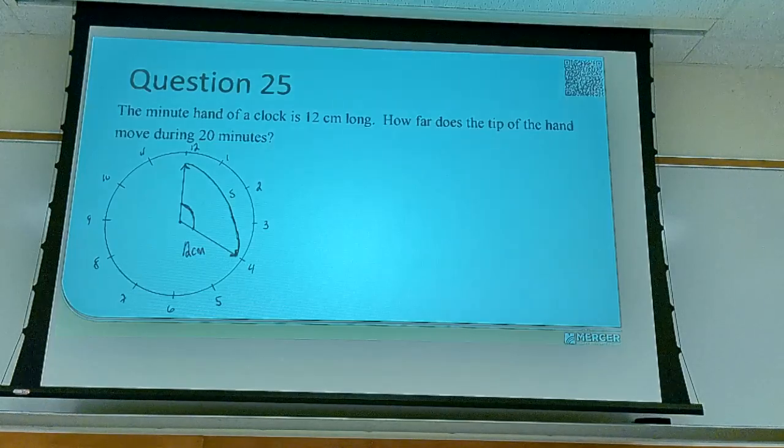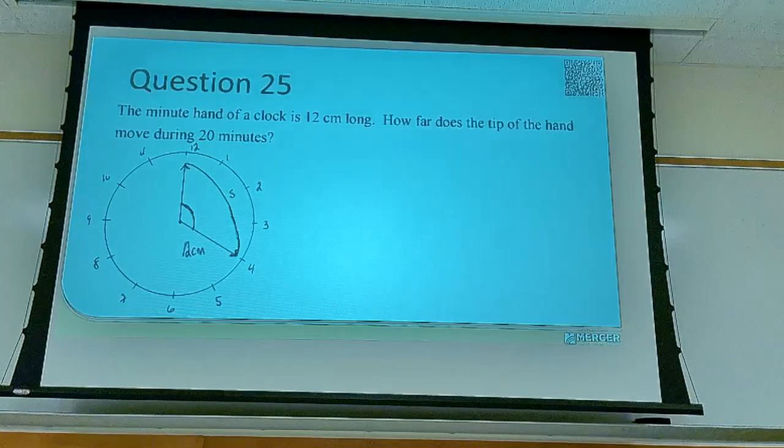Don't you do 2 pi r and then do 20 over 60? I mean, you might be able to do 20 over 60, the minutes divided by the hour, and then the 2 pi r would be 2 pi times 12.